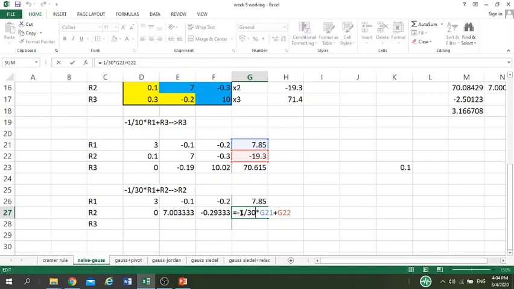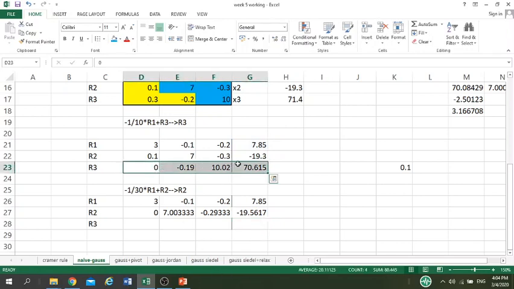So minus 1 over 30 times row 1 plus row 2, again minus 1 over 30 times row 1, plus row 2. Okay, so we don't change anything for the values in row 3.